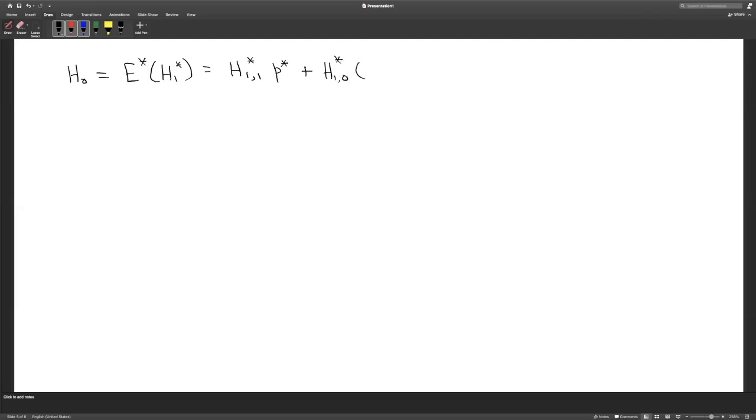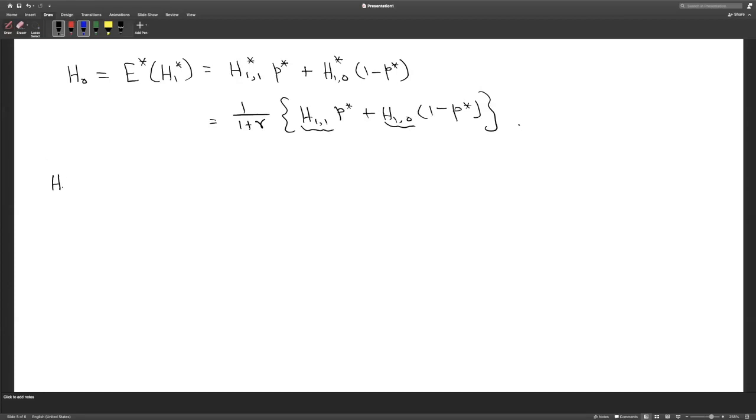And since it is down, therefore the probability is 1 minus P star. So I will remove this star and write it like this: H11 P star plus H10 1 minus P star. Now the question is, what is H11 and what is H10?